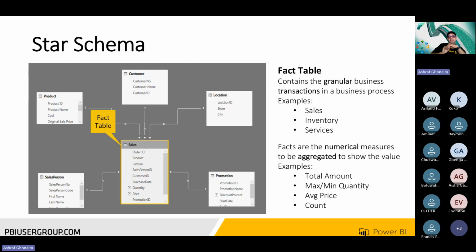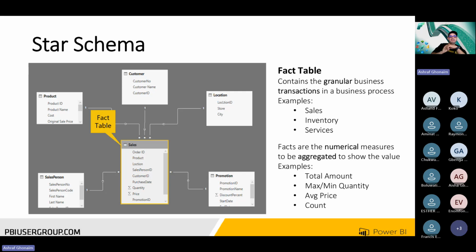For example, you can work in a retail company where every single sales transaction is captured and stored in the sales table. If you work in inventory, for example, all the inventory transactions in and out of every item in the inventory or the warehouse form a transactional table, and it's your fact table in your star schema.